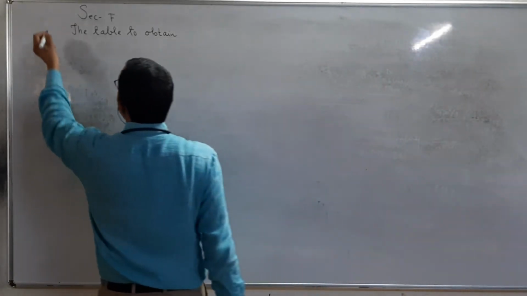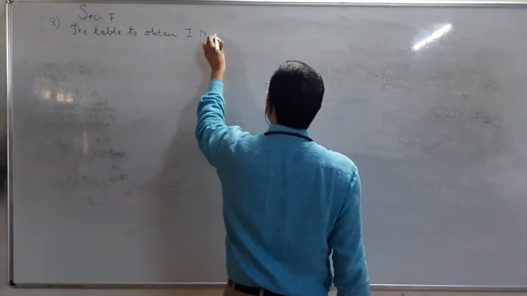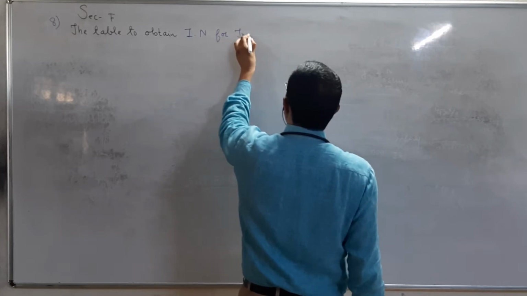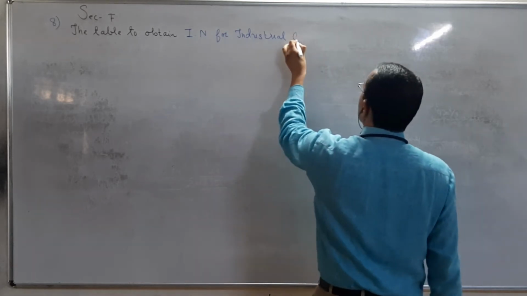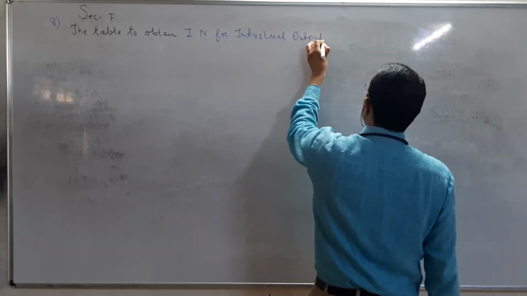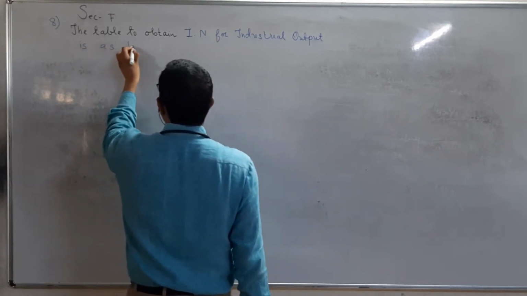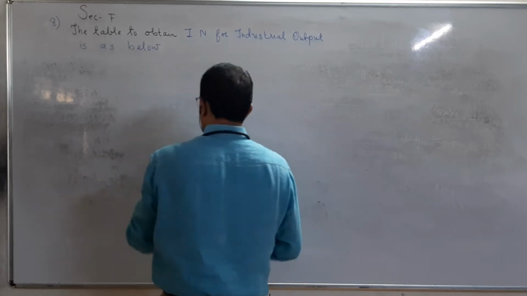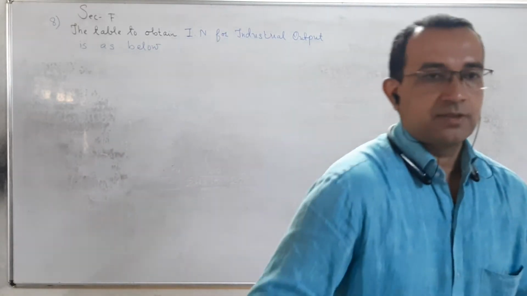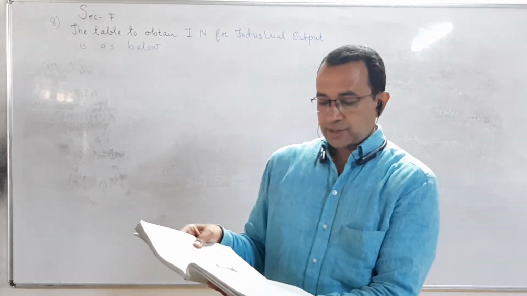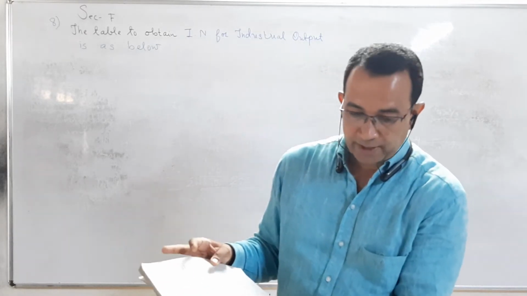So question 8. The table to obtain index number for industrial output is as below. Now students, here we are given unit, but unit has as such no impact on the production, because we have to consider the unit as 1.